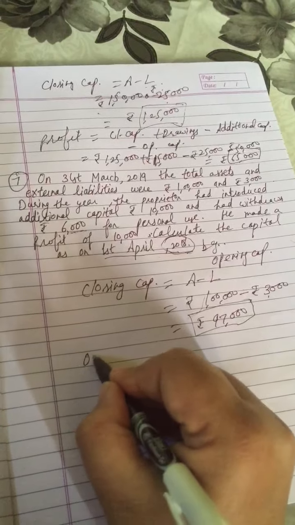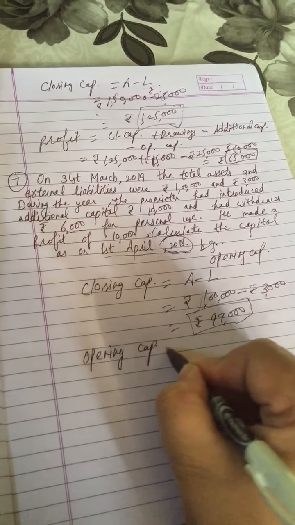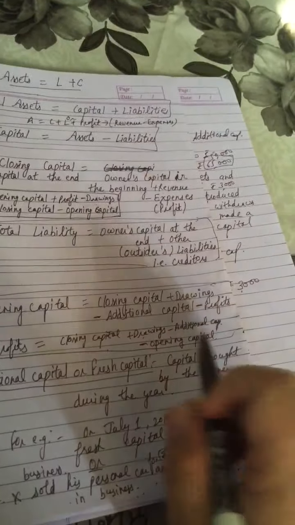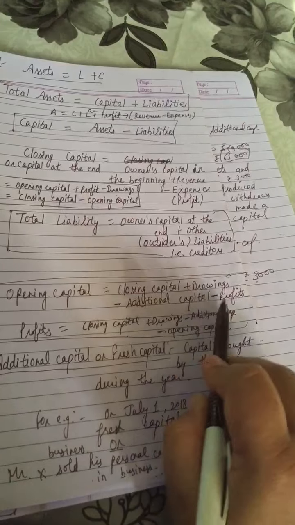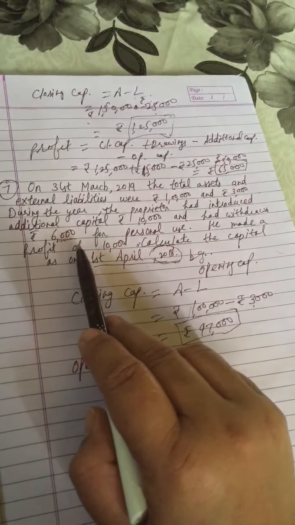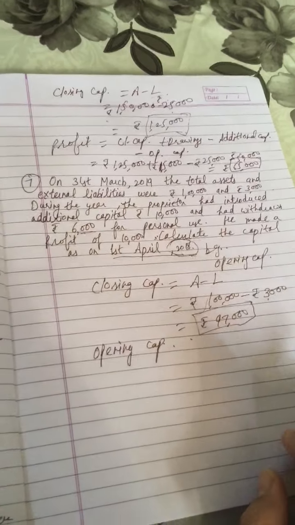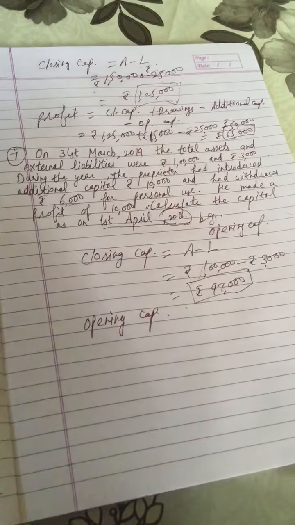And we can find opening capital, that is closing capital plus drawings minus additional capital minus profits, and profits are also given in this question, that is 10,000 rupees. If loss is given, then loss will be added in the opening capital.